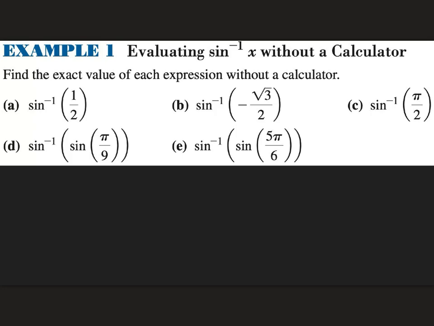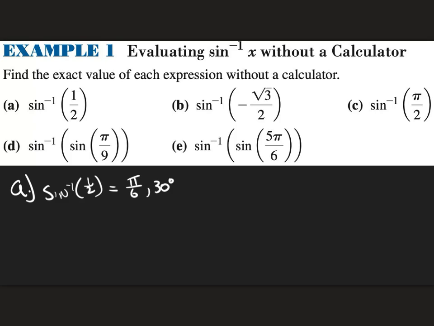Again, A. When you say the sine of an angle, that gives you the ratio of side lengths. When you take the sine inverse, you take the side lengths, the opposite over the hypotenuse, or the opposite over the radius, and you will get an angle out, which is pi over 6, or 30 degrees.